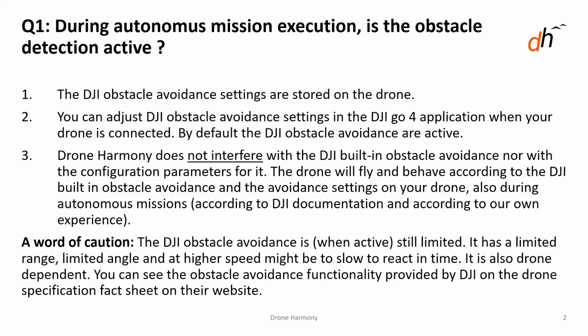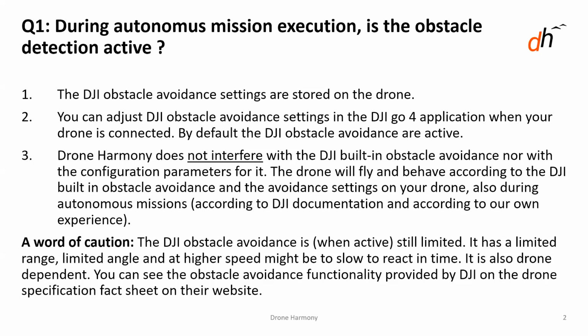It's stored on the drone. Once you store them on the drone, these are the settings that are used unless you change them. You can adjust obstacle avoidance settings in the DJI Go 4 application. And it's very important that, if you're not sure what your settings are, you go to that application and set them to what you want them to be.